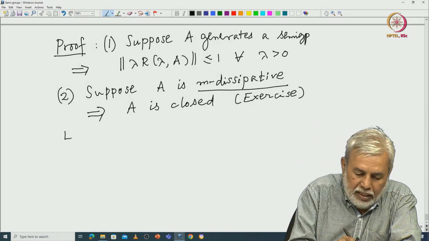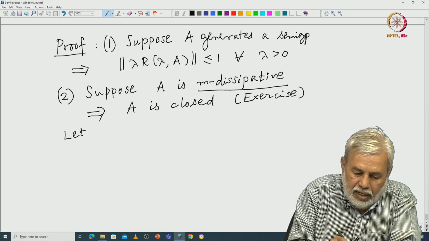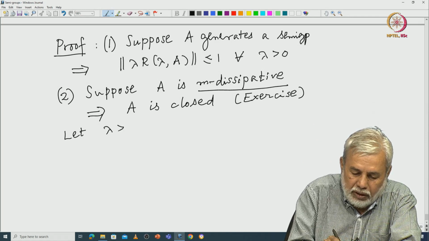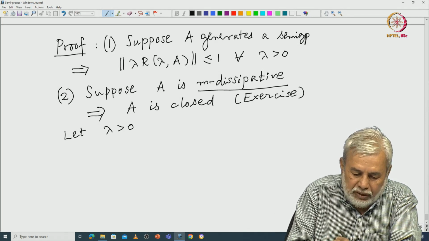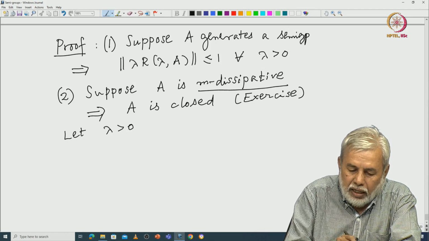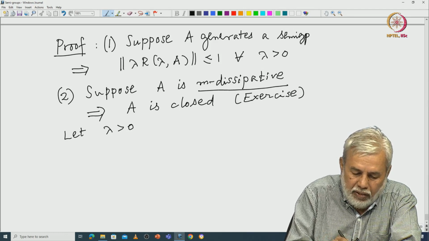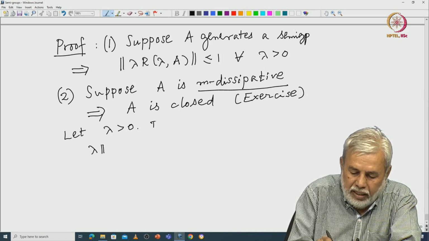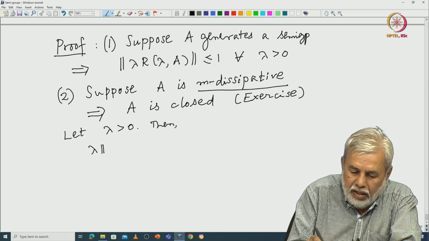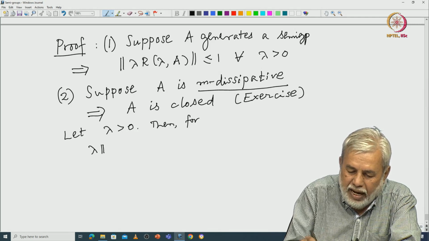Let lambda be positive. I want to compute this: lambda norm x squared, for x in D(A).